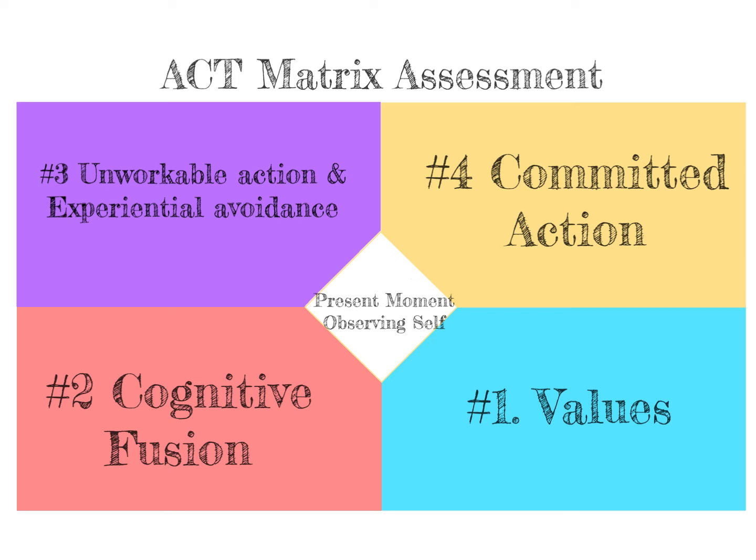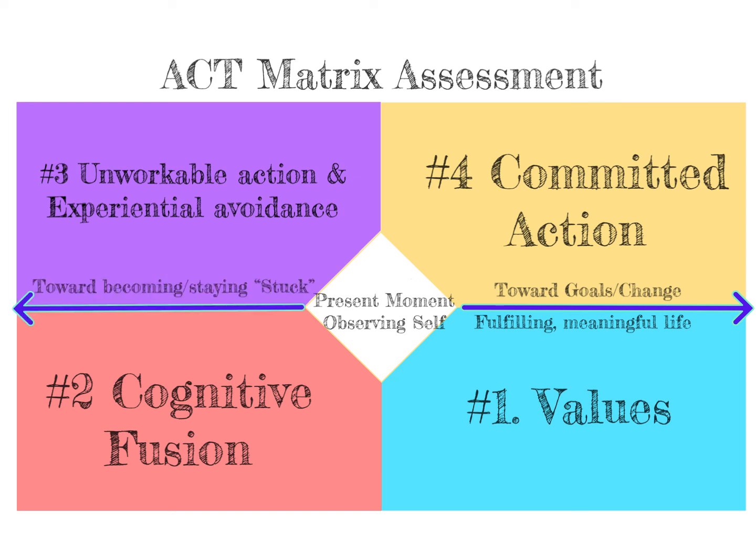The last couple of components to the ACT matrix that I would like to add are a couple of arrows, one pointing to the right and one pointing to the left. The arrow on the right represents moving toward their goals and toward change in their life. It can also be explained as moving toward a more fulfilling and meaningful life.